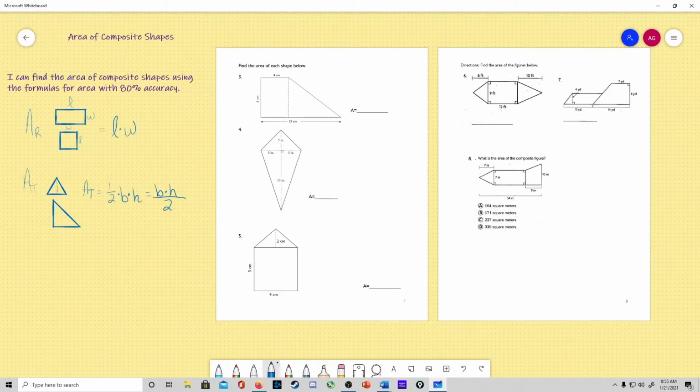On this shape, h is the distance from the middle of the base to the very top, and that's the base. In a right triangle, this side here is your height and this is your base. You always want to measure the height from the bottom to the very top in a straight line. You never want to measure height diagonally.